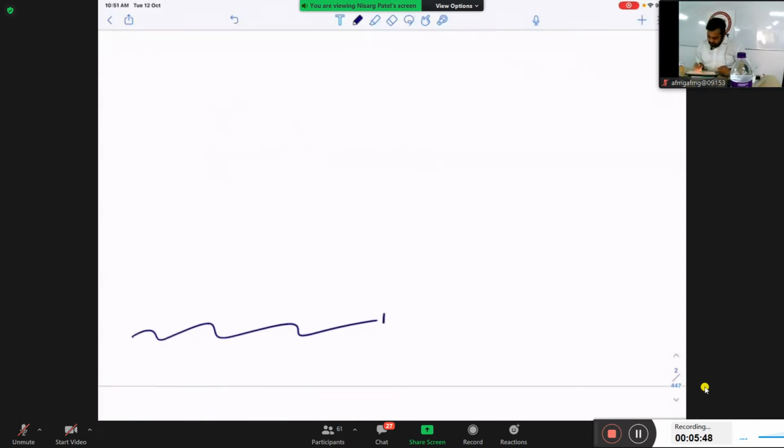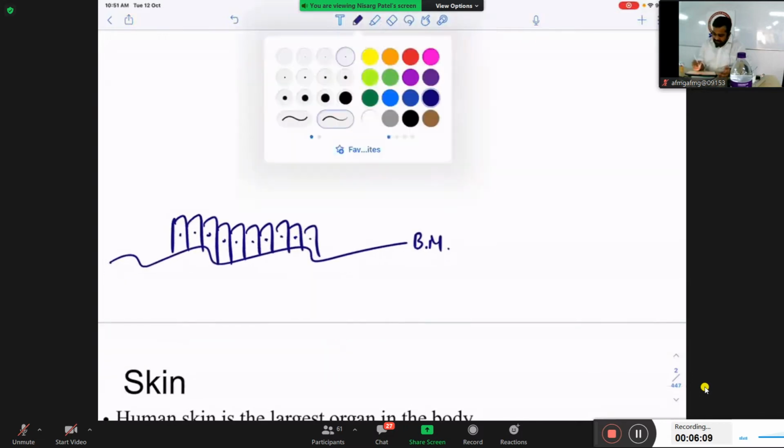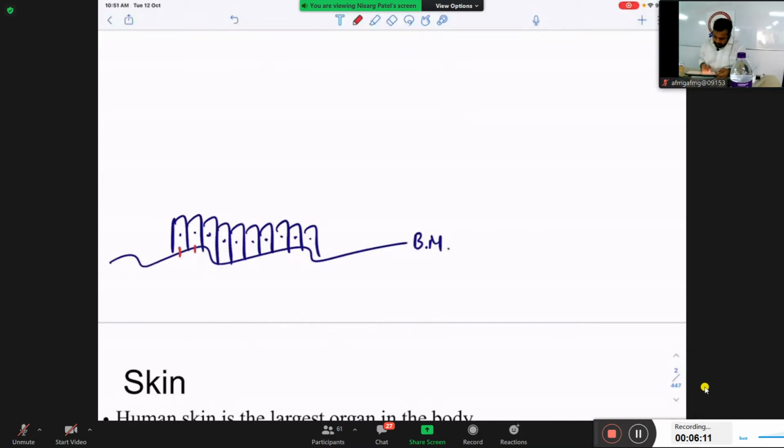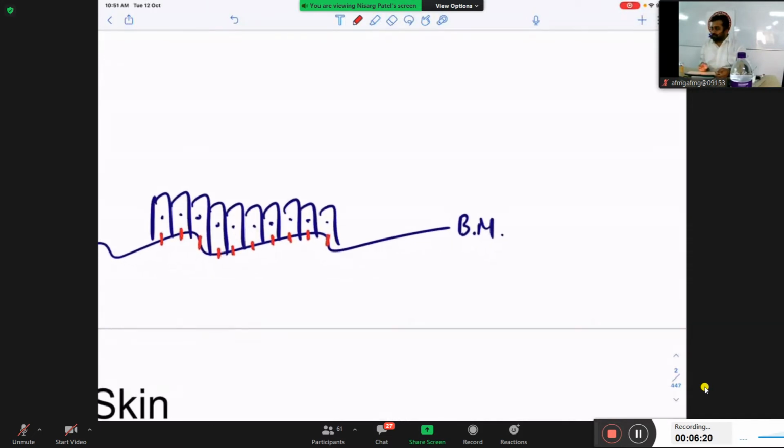Okay. So as I told, dermis and epidermis are separated by the basement membrane. On this basement membrane, the first layer I have has vertical cells. This vertical cell has one important protein which binds these vertical cells to the basement membrane. Anyone know what this protein is? This protein is hemidesmosome.